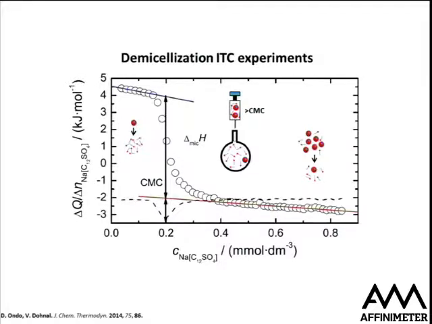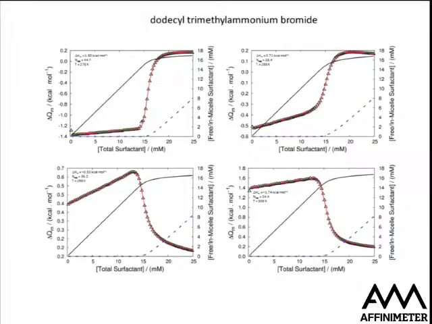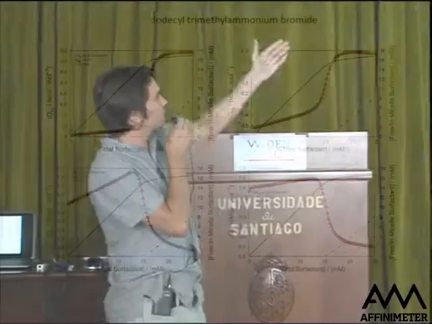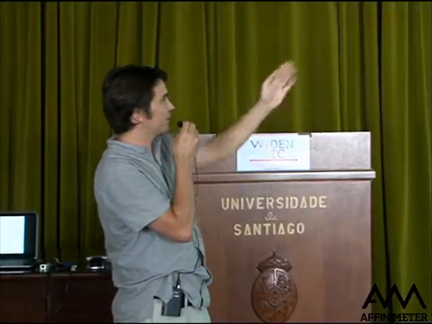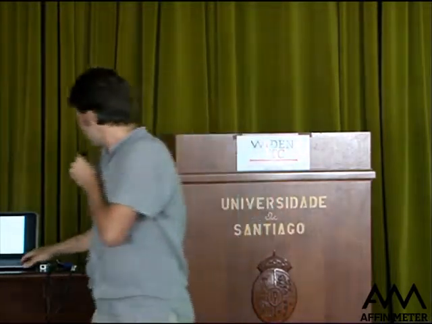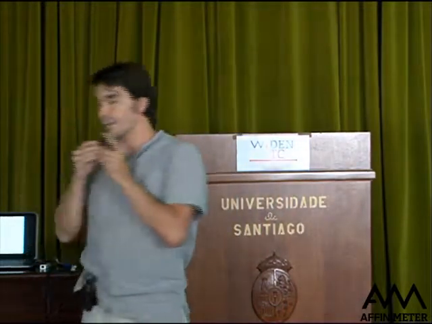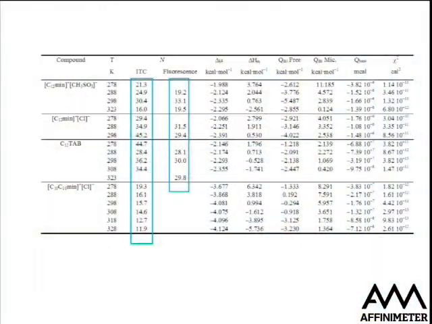It can be done with ITC, right? So we check this with 2 different surfactants to validate our model at different temperatures. This is the other example, and we compare the aggregation number with the values from fluorescence, and they agree very well. So we can think that we somehow validate this model for micelles.